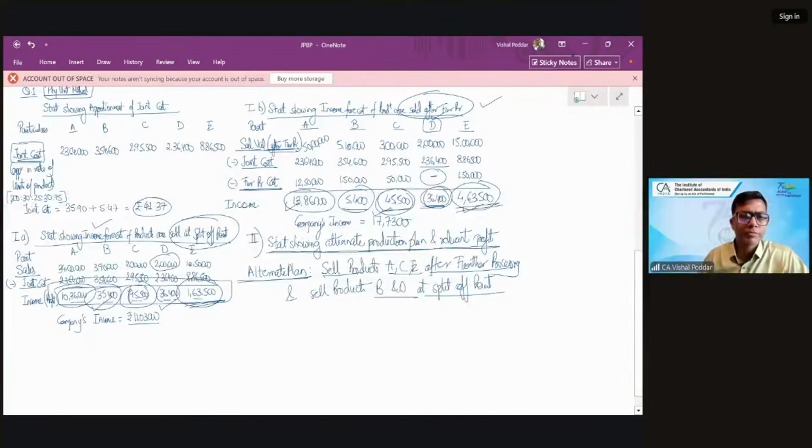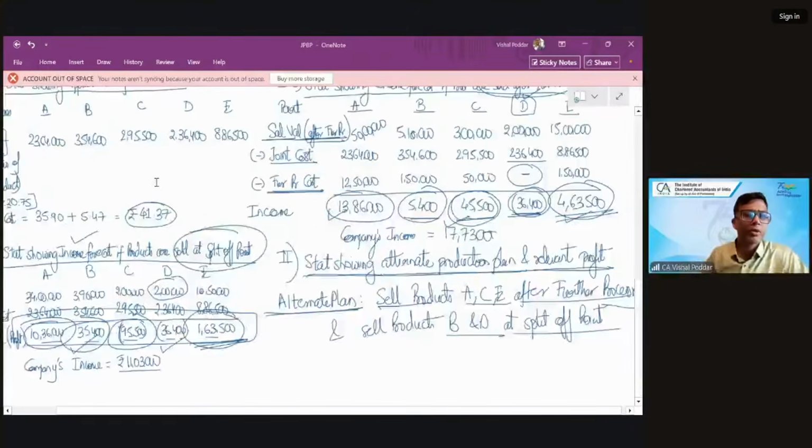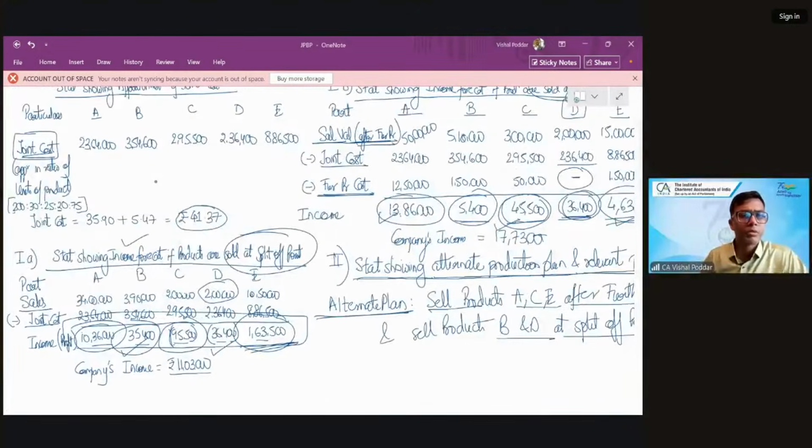Kairvi, Himanshu beta, you did not pay attention, it means. I've written over here, how did I get joint cost? See, two costs are given, material and processing.